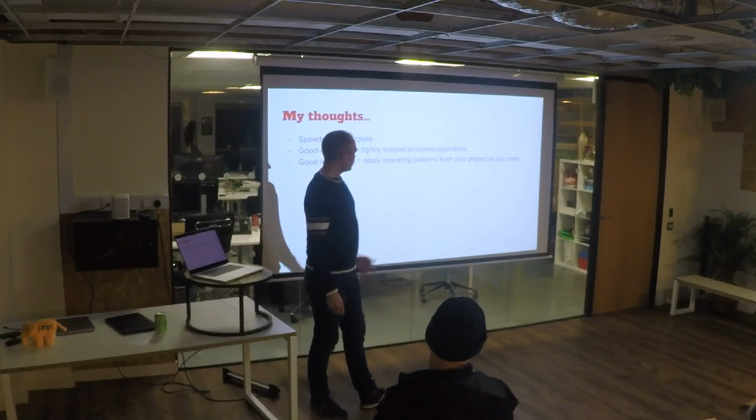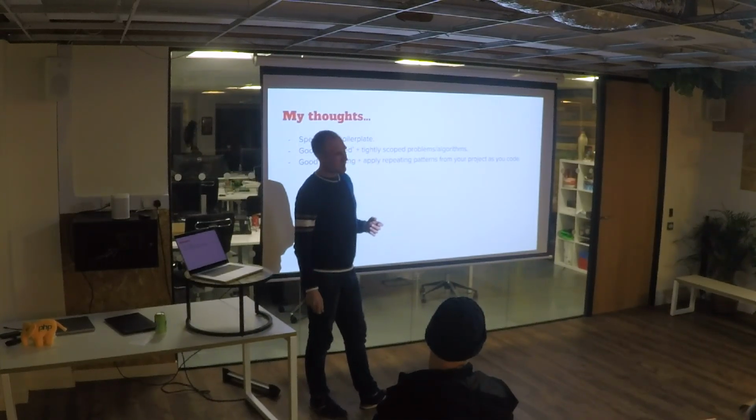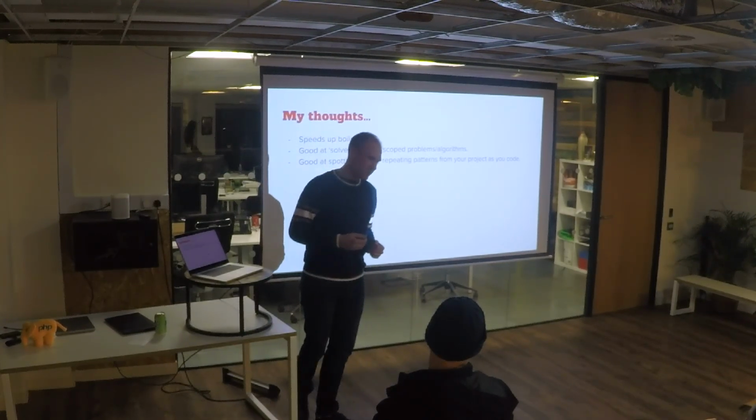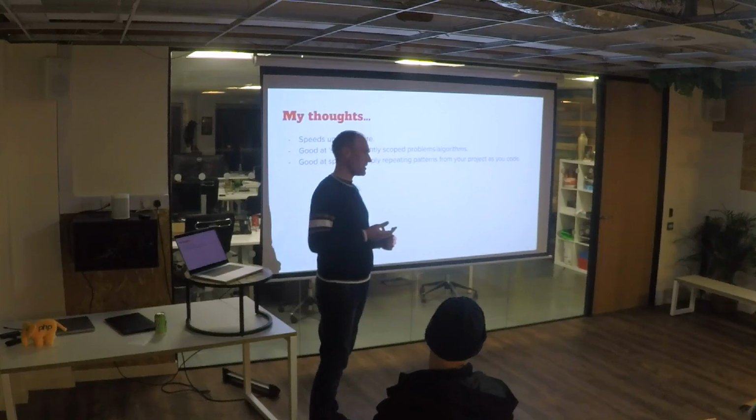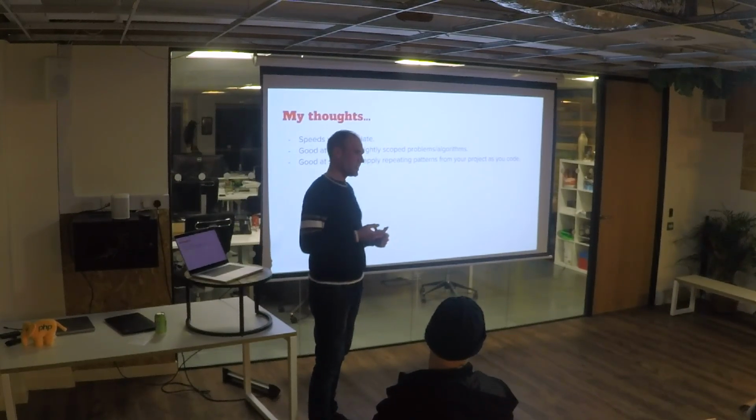It's good at repeating patterns. We saw that with the planets thing. I work on a project that has 3 product types. It's in the school space, so you've got a parent, a pupil, and a staff type, and there are different rules for the 3 of them. It has a grasp of the 3 things. So if you write something to send an email to a user, you'll get so far in, and then towards the end there'll be a bit that's going to do slightly different stuff per user type. It immediately knows that you've got 3 user types, and it starts filling stuff in.